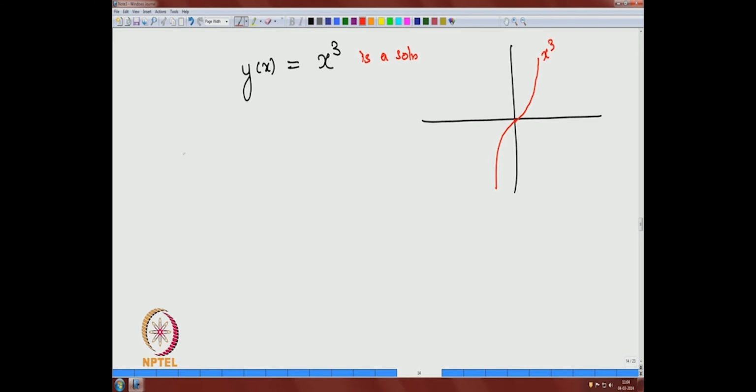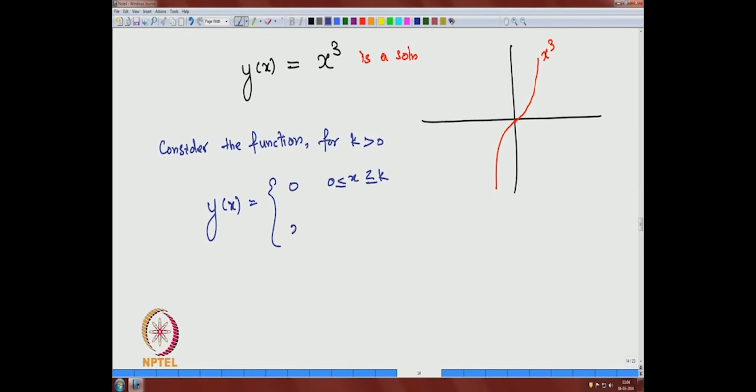and we can also see that, so consider some other functions. Consider the function, for k a positive constant, y(x) defined by y(x) equal to 0 for x less than or equal to k and greater than or equal to 0, and (x - k) the whole cube for x strictly greater than k.